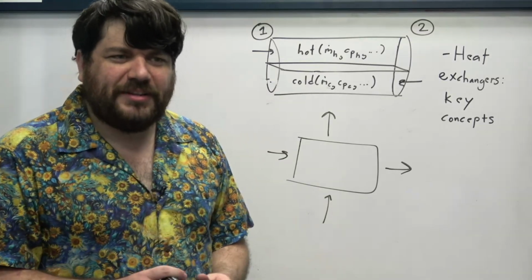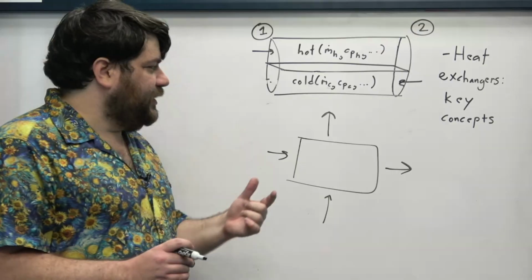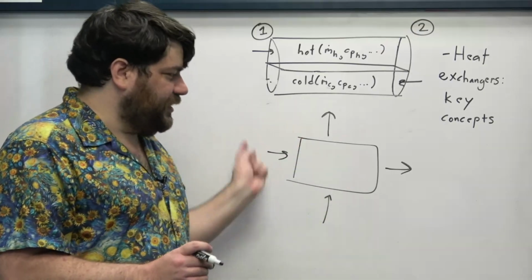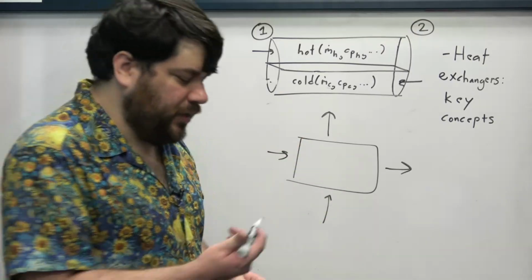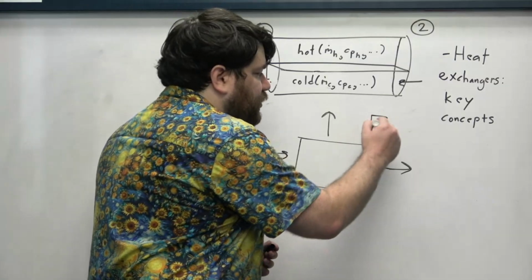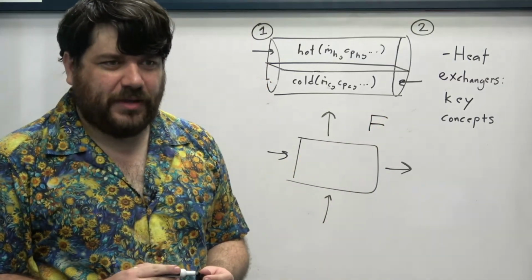Well, what is commonly done is that for each of these types of heat exchangers, you create what's called a correction factor F. Okay?